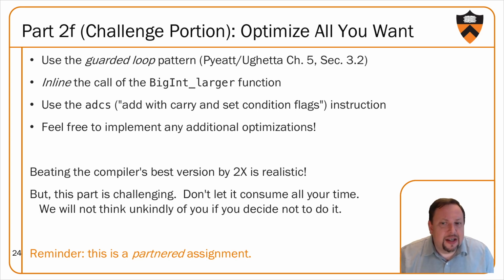This is one of the, if not the most difficult, challenging parts of any assignment in all of COS 217. So this can really be a time sink, but don't let it. Spend a realistic amount of time on it, and if you can't make any further progress, we're not going to think unkindly of you if you stop at any given point.